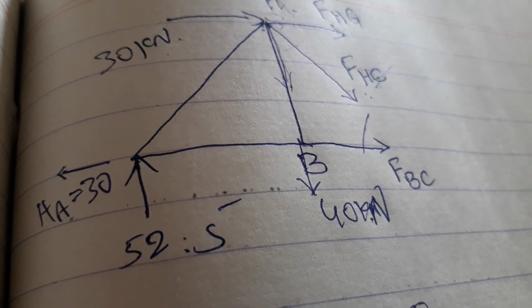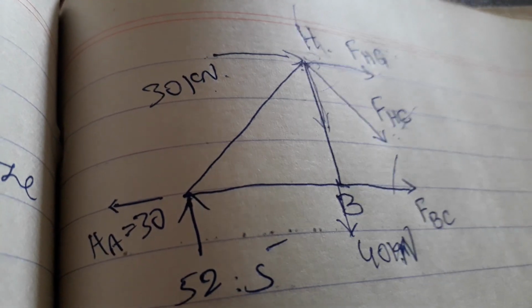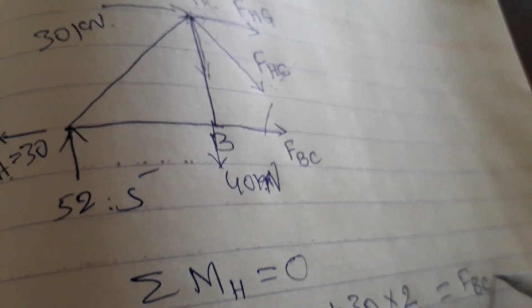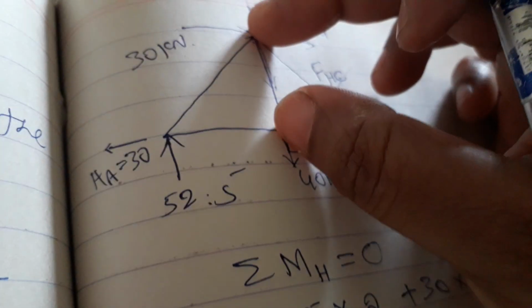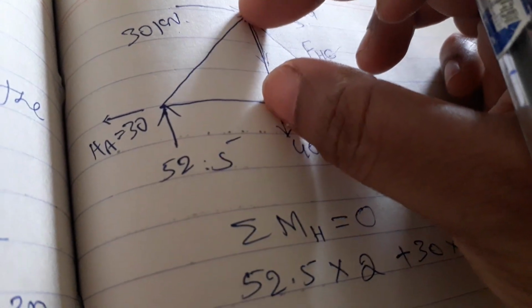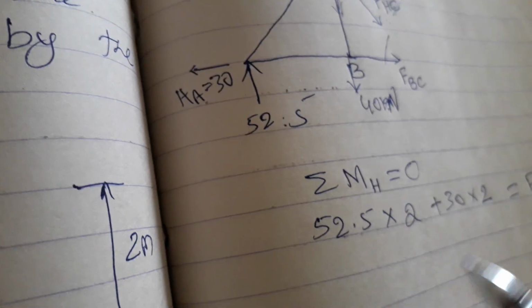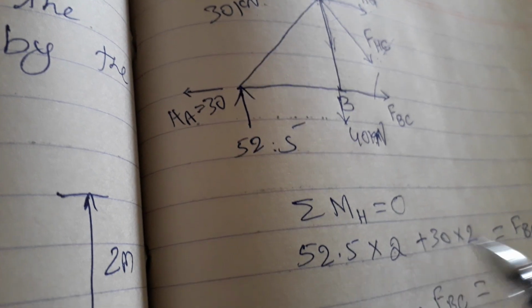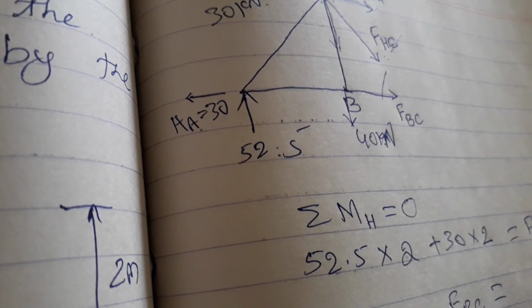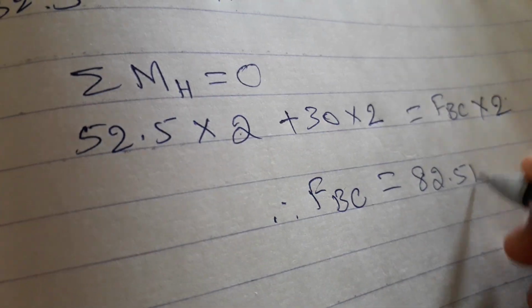And here FBC makes anti-clockwise, so I will take it like this: FBC into perpendicular distance. The perpendicular distance on this side is again 2 meter. So from this we have to calculate FBC. Therefore 2 is a common term, and you will get FBC is equal to 82.5 kilonewton.